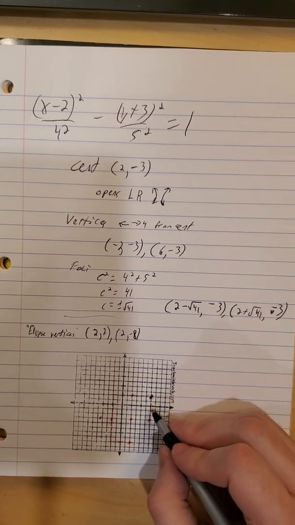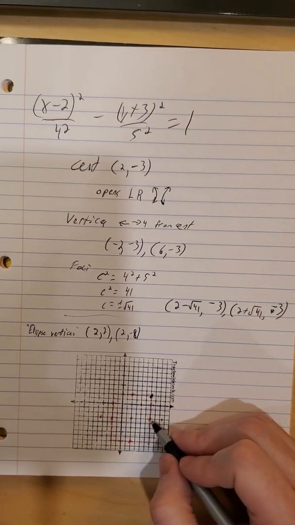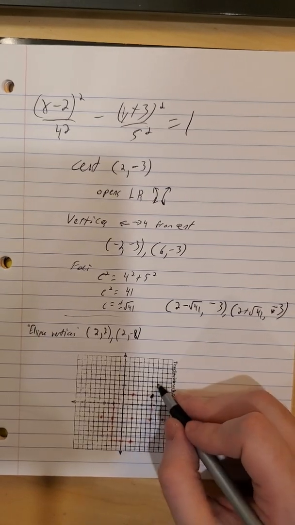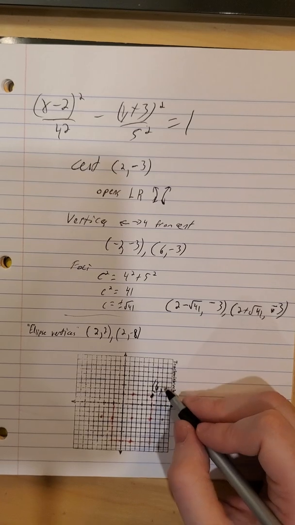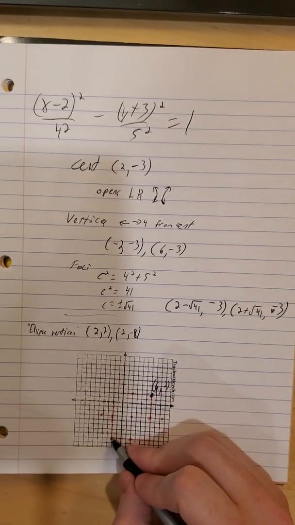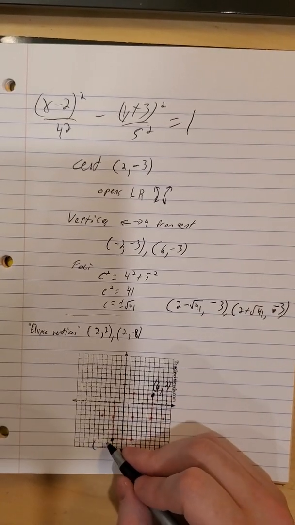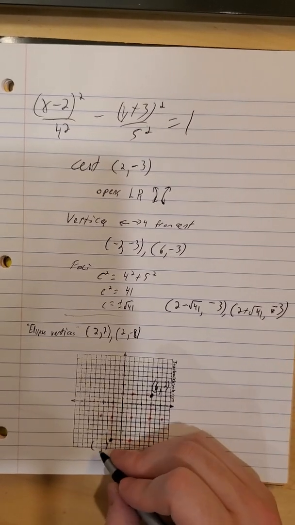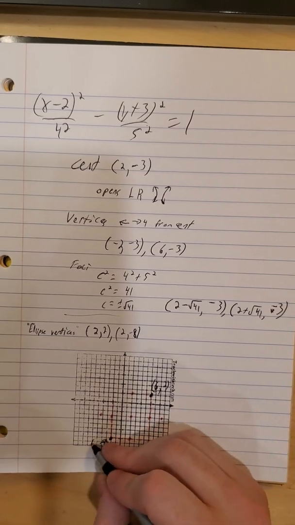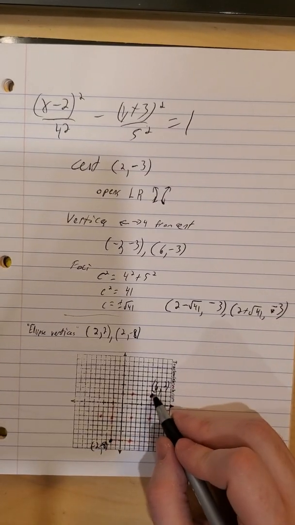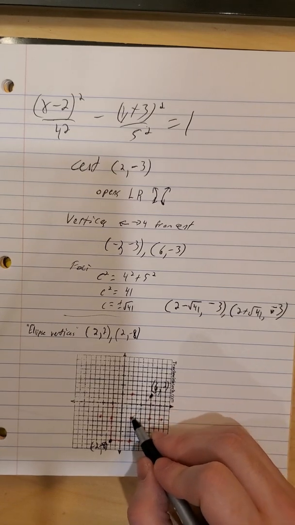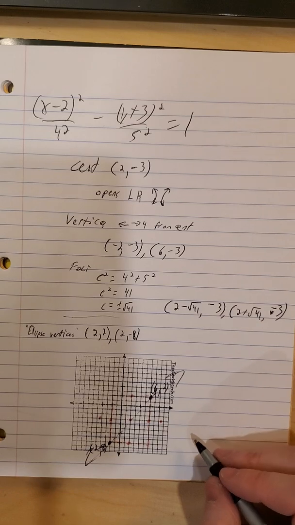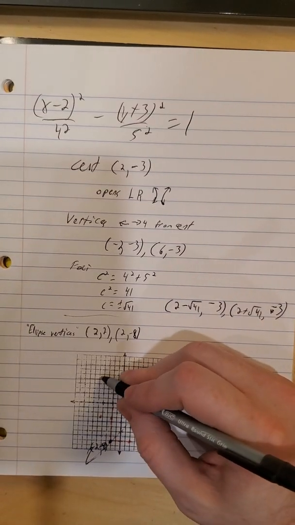So the first corner of our box, our x value there is at a 6, and our y value is at a 2, and the other corner down here, our y value is at negative 8, our x value is at a negative 2. So connecting those up with the dotted line, we have one of our two asymptotes.